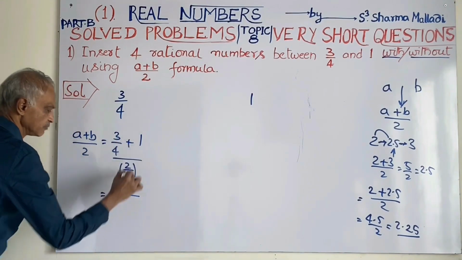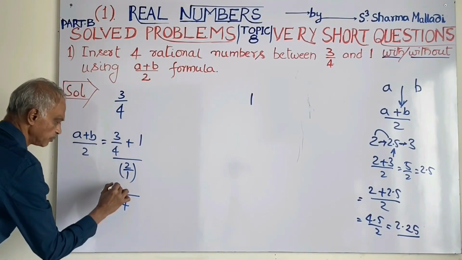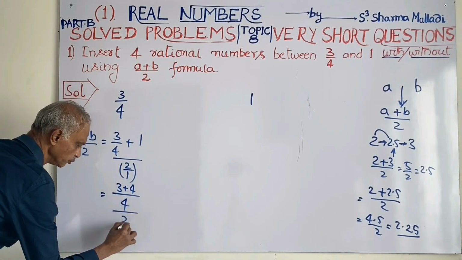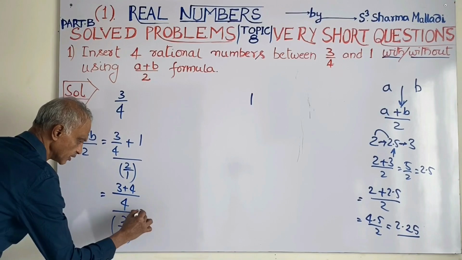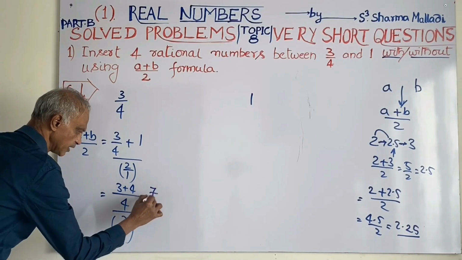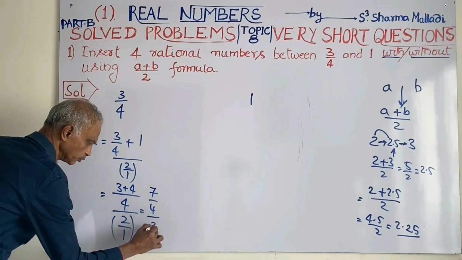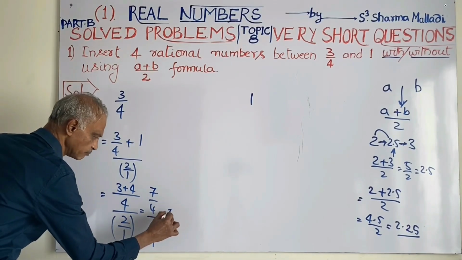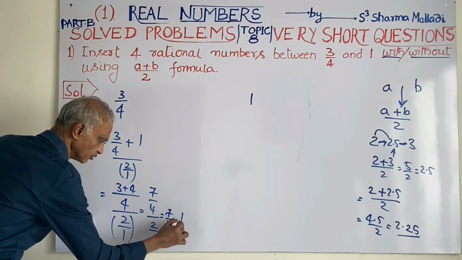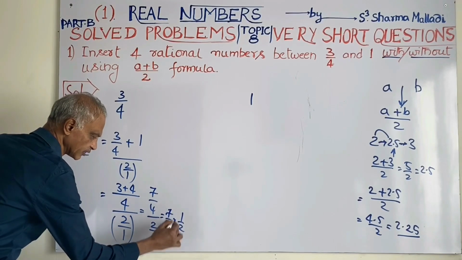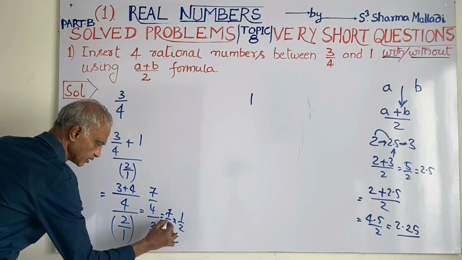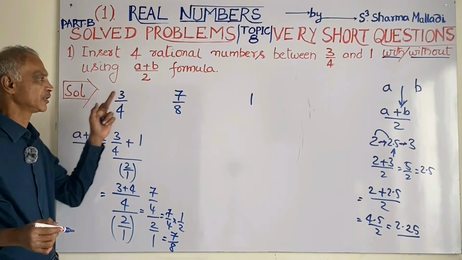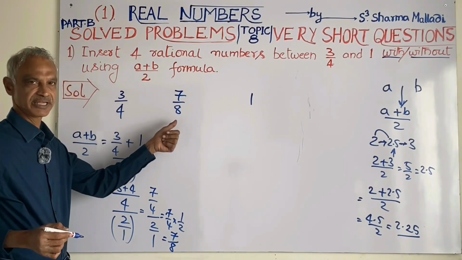What is the LCM here? 4. So 3 plus 4 by 4, by 2 by 1, can be written as 7 by 4 into 1 by 2. 4 twos are 8. The rational number between 3 by 4 and 1 is 7 by 8.